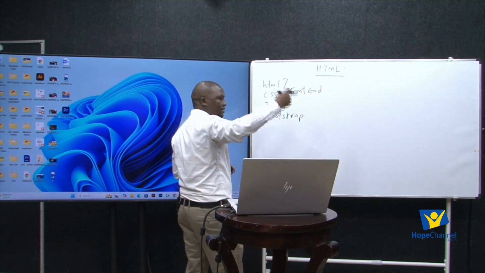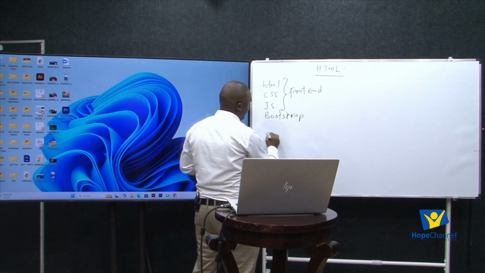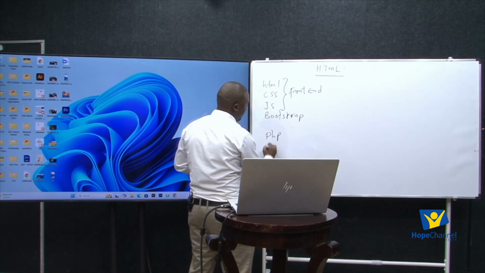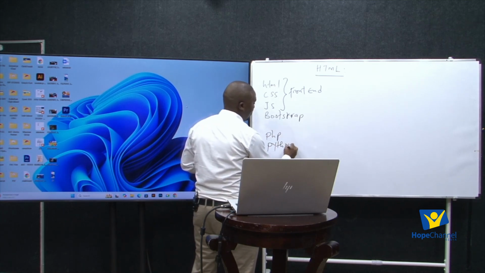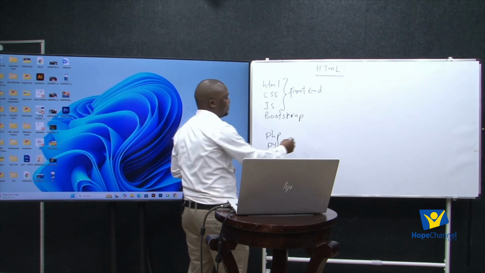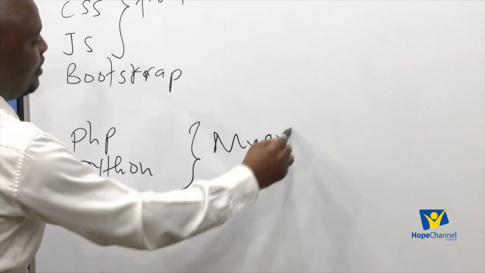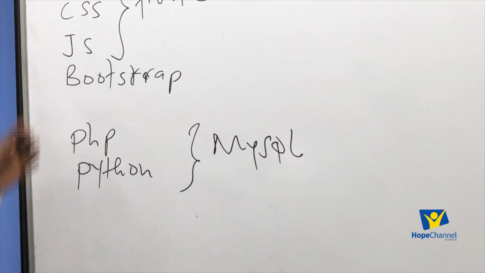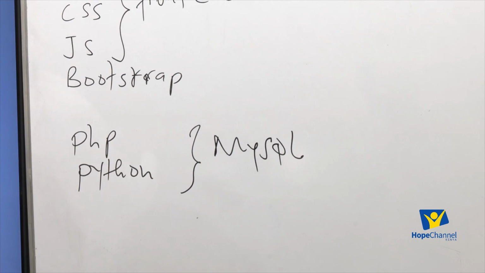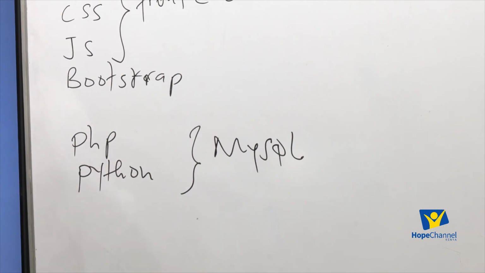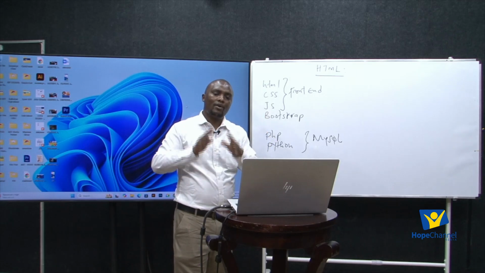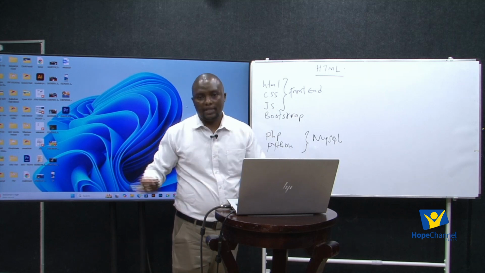Then behind the scenes, or on the server side, we have PHP or Python, and then the database language, of course, is MySQL. So that is the end journey of exactly what we need to be able to create a fully responsive website or a web application.